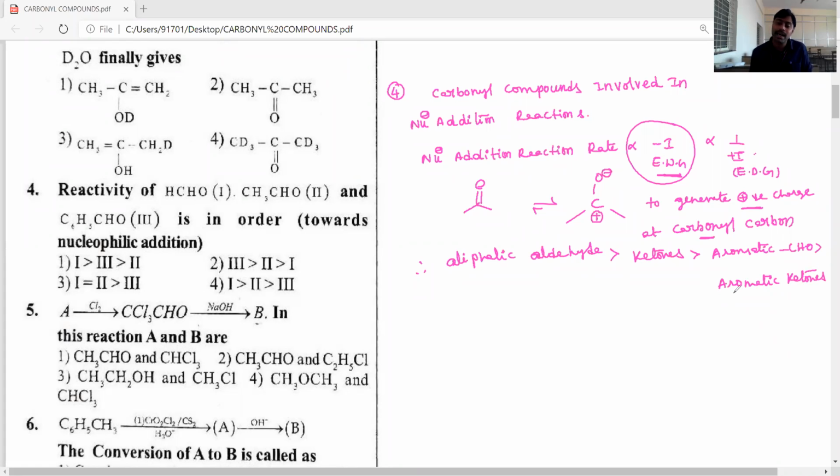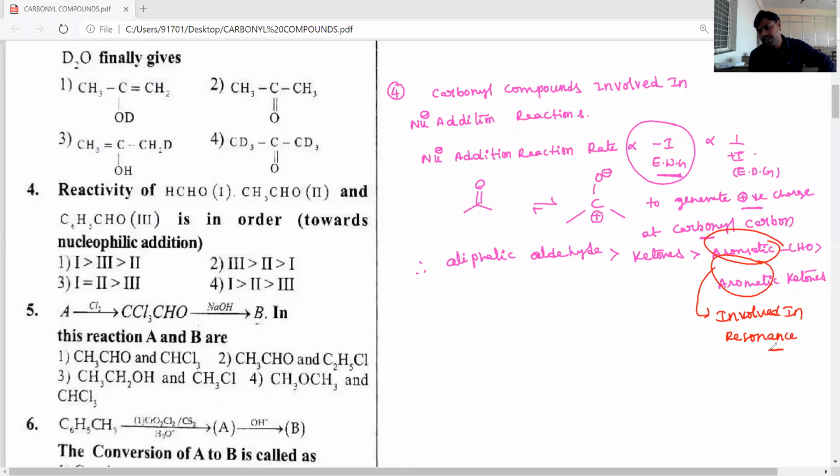Why are aromatic aldehydes, or aromatic carbonyl compounds, less reactive when compared to aliphatic aldehydes? Because aromatic aldehydes are involved in resonance.